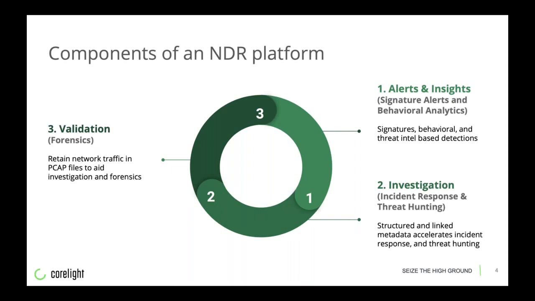Now, once you have these alerts and insights, the next step obviously is you want your analyst to be able to triage it. And for that, you need extremely high quality, high signal data from your environment. You need context that is very relevant to the alerts that have been generated.